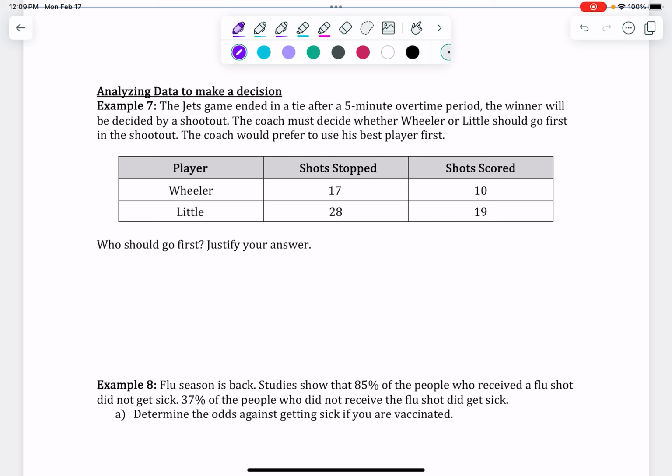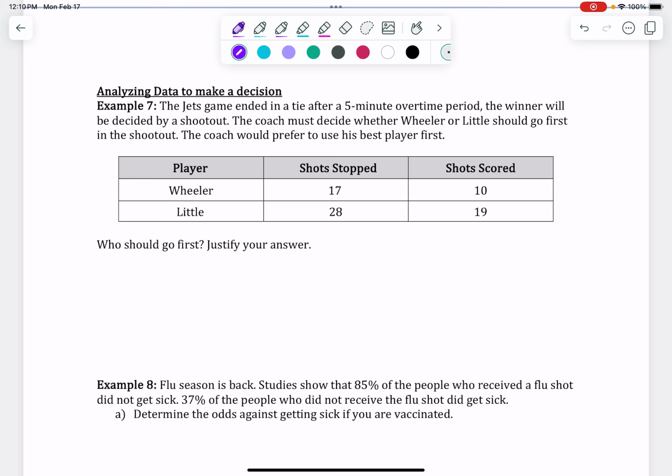Odds aren't very useful in comparing unless one of those numbers is identical, right? If I'm looking at Wheeler and Little right here, they have a different total number of penalty shots or shootout shots that they've taken.